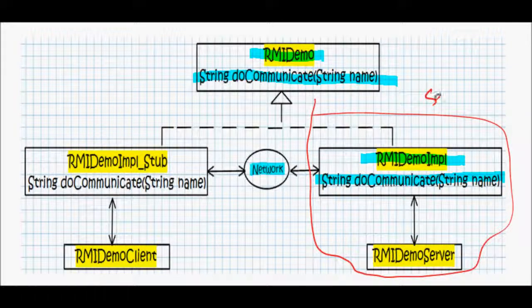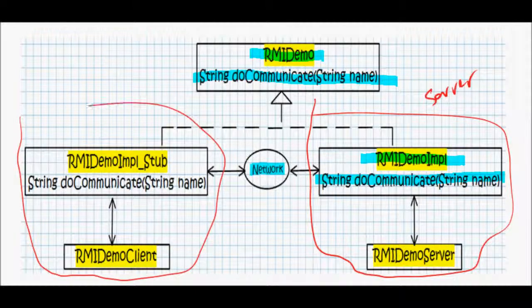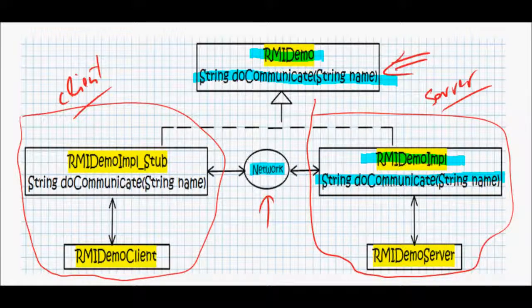So this is the server, and these guys are gonna sit on the client side. And this is the network in the middle. What's implemented is essentially a proxy pattern, since they are implementing the RMI demo interface. We have these two: this is a generated class, but it actually implements the RMI demo interface, and this is the other class. Okay.